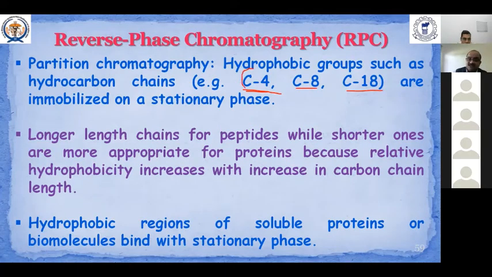Increasing the chain length of the carbon chain of this hydrocarbon will increase the hydrophobic nature of the column, and this increase in hydrophobicity will be used for separation of peptides, whereas less hydrophobic columns will be used for the separation of proteins.